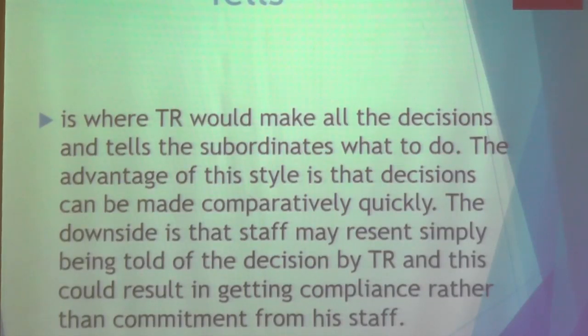Telling is where TR would make all decisions and tell the subordinates what to do. The advantage of this style is that decisions can be made comparatively quickly. The downside is that staff may resent simply being told the decisions of TR, and this could result in getting compliance rather than commitment from his staff. Good side and the bad side. This is like being a bit autocratic.